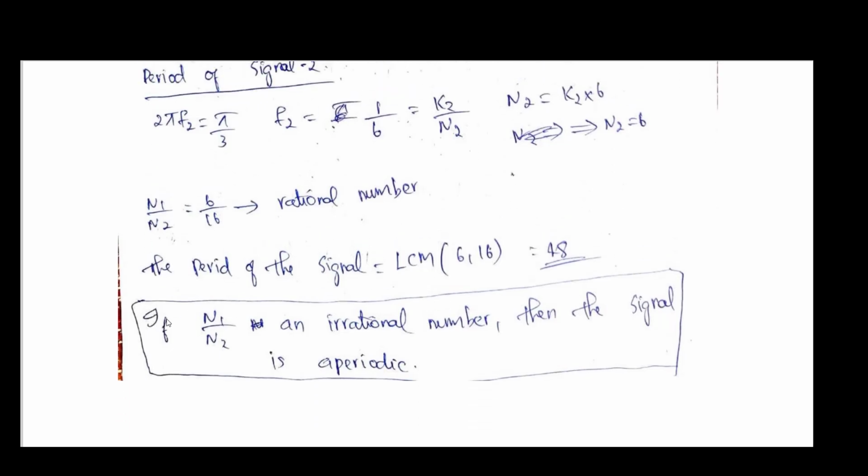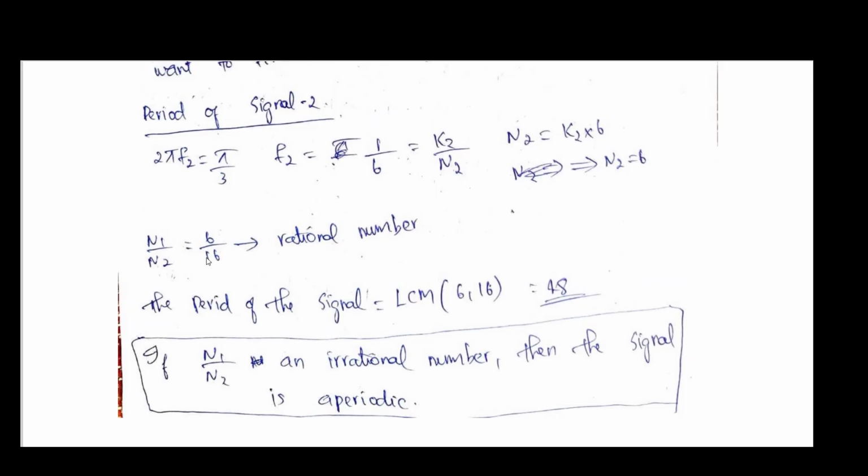The thing is that if n1 by n2 is an irrational number, then the signal is aperiodic. Suppose instead of 16, we got n1 as pi. So pi by 6 is not a rational number.